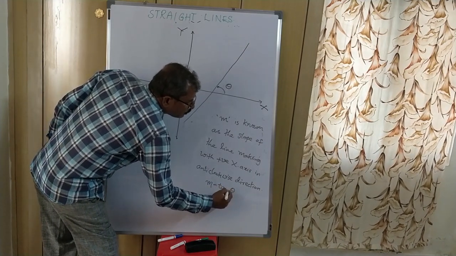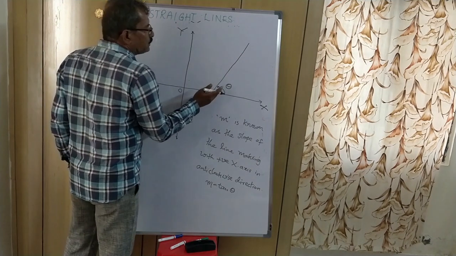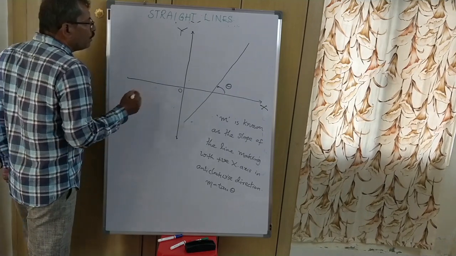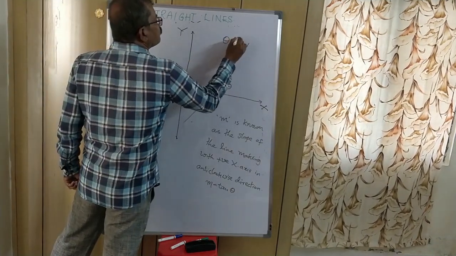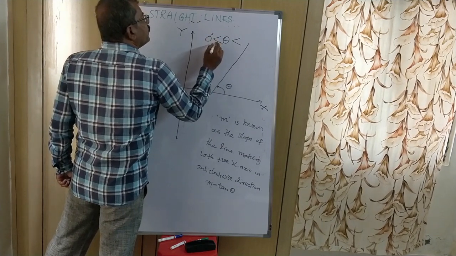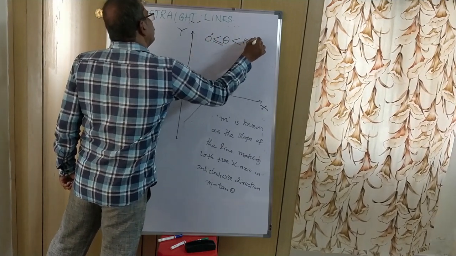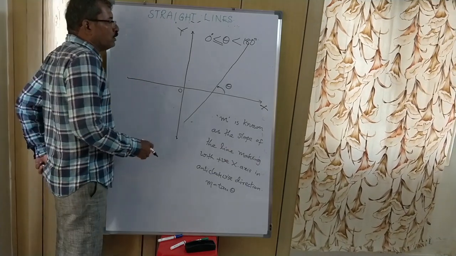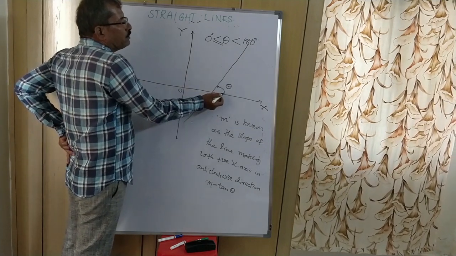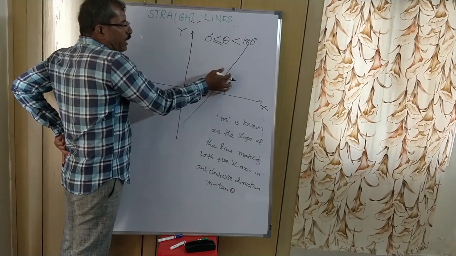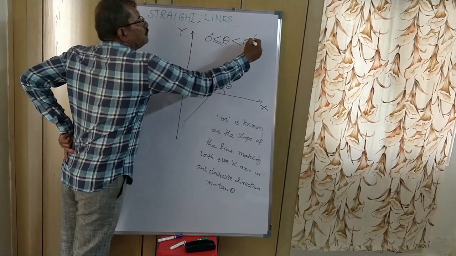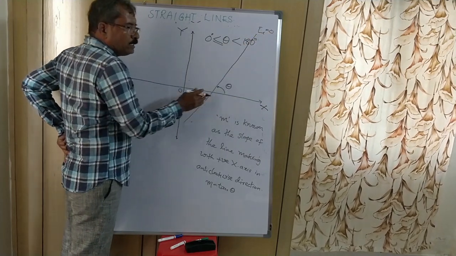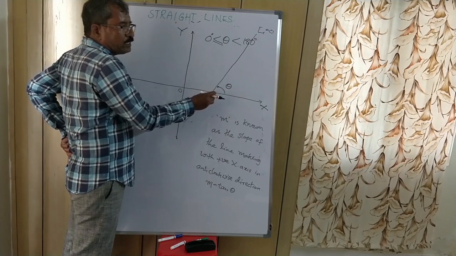And you observe that this theta lies between 0 degrees and 180 degrees. If the angle between the line, say the line L is equal to 0, and the x-axis is theta, always we take it as the acute angle.